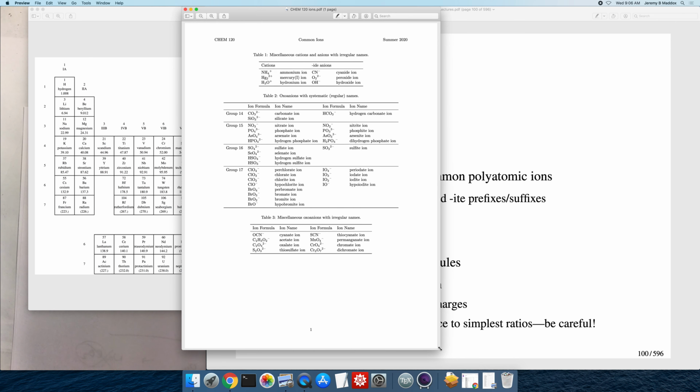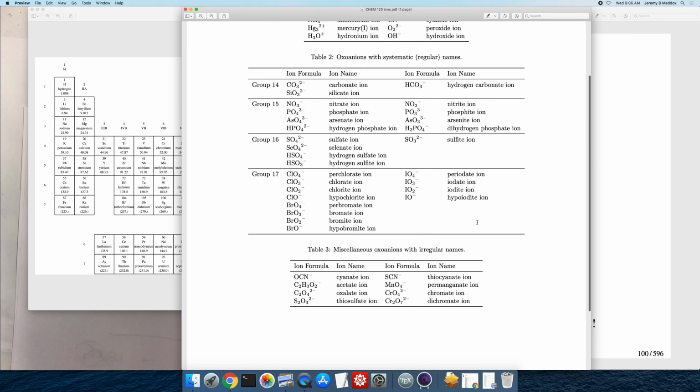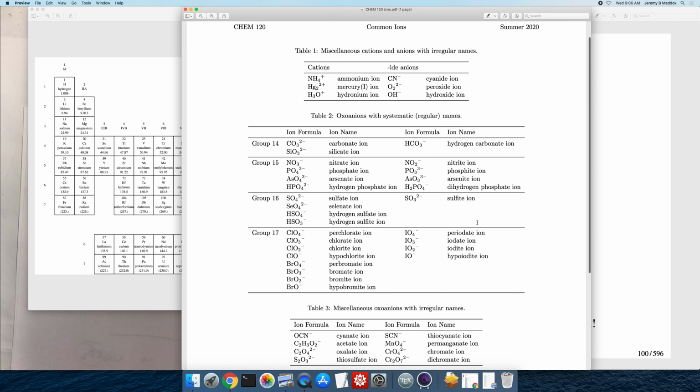I'll take you through the structure of this list of ions. On these 3 tables, we've got the various ions that you need to be familiar with. Here are the 3 cations that you need to know. You need to know the formula, the charge, and then the name of the ion. There are also several miscellaneous anions that don't have any regularity to their names, which you just need to commit to memory.